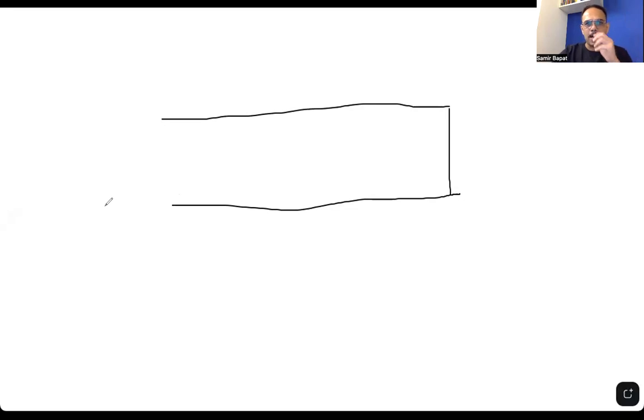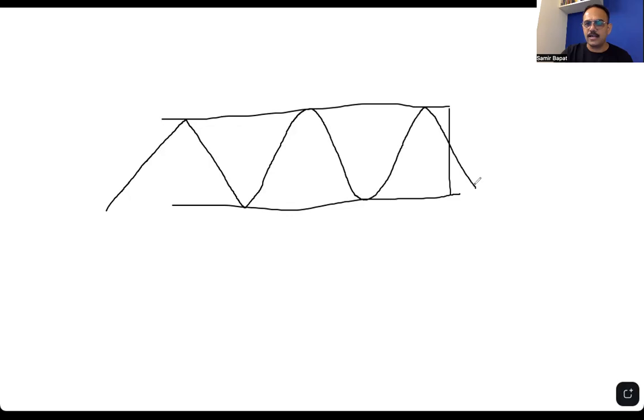So what will happen if we mark the trajectory of that ball within the rectangle? It will go something like this. It will bounce from the wall of that box, come down, again bounce, here, something like that. Agreed?